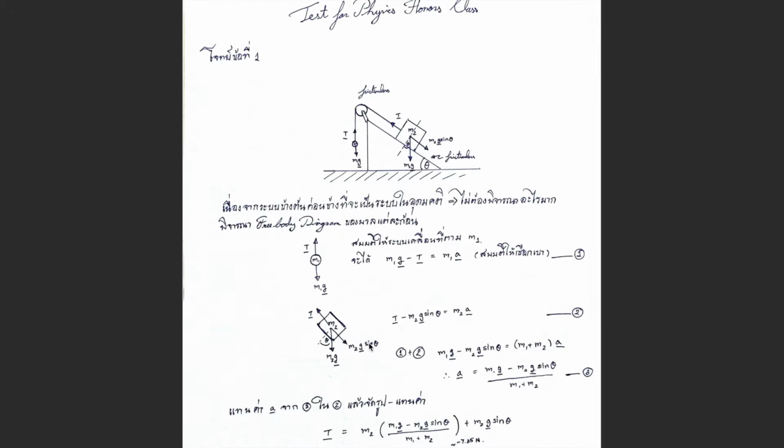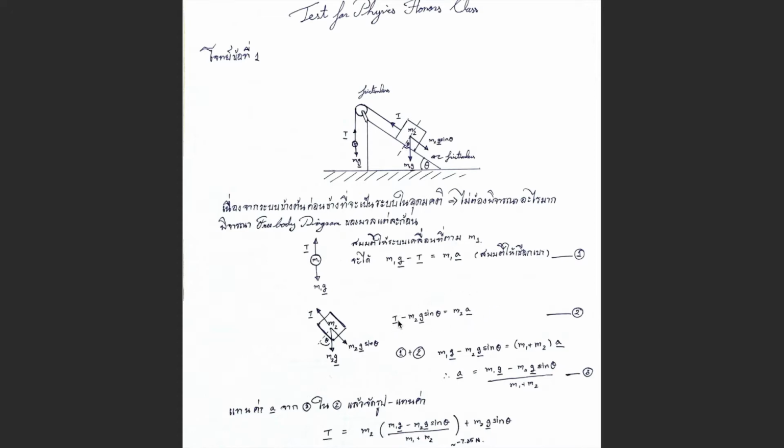Then we separate the components, and the component m2g cos theta is already cancelled by the normal force that the incline exerts on mass 2. So the remaining force is m2g sine theta.